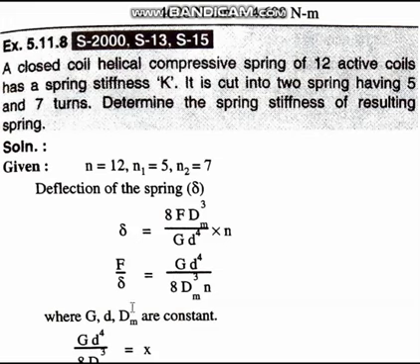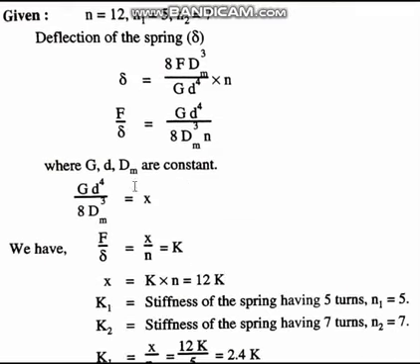Okay, all the other things are the same. Otherwise, what we can say is that Gd to the power 4 upon 8 D cube, this is all one constant, you can say, x. So simply you can say, now spring stiffness K is equal to F upon delta, which is nothing but x upon N. Okay.